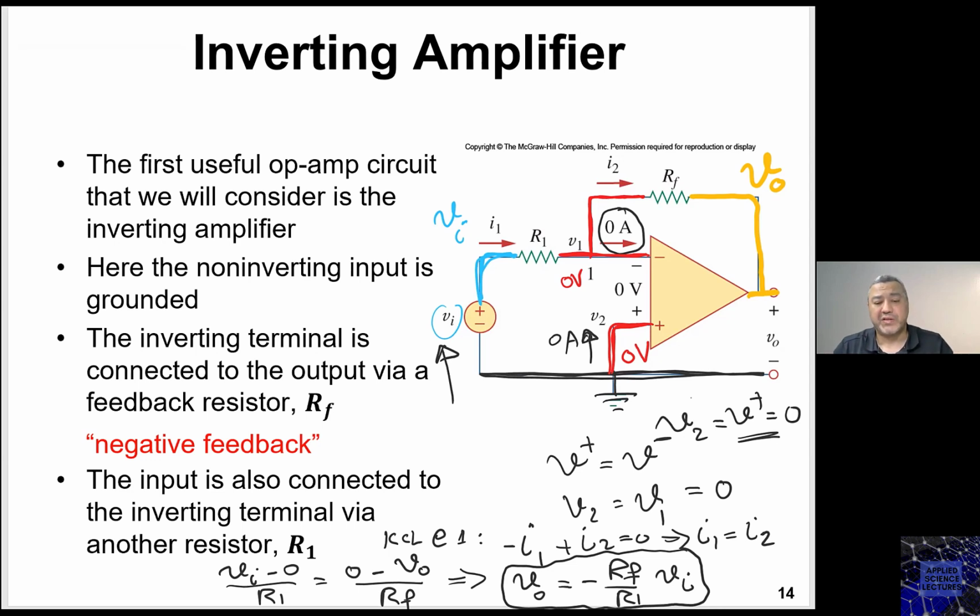So what are you expecting the output to be? The output will be inverted in sign. So what is RF over R1? This is the new gain. So now my gain here, because I have connected this amplifier this way, would be minus RF over R1.